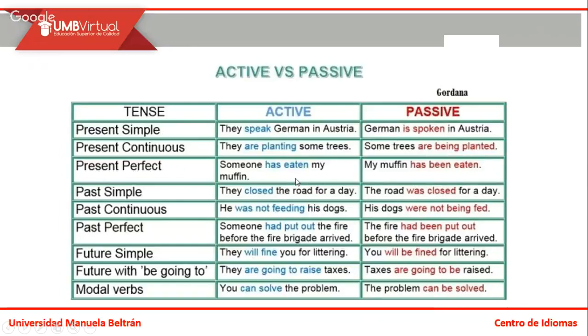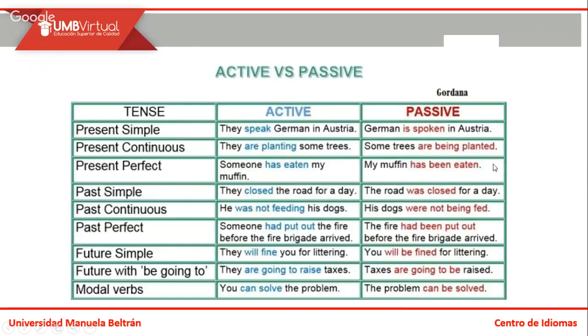All right? Let's go with another example using present perfect. They have drawn a beautiful picture. And we're here. A beautiful picture has been drawn by them.